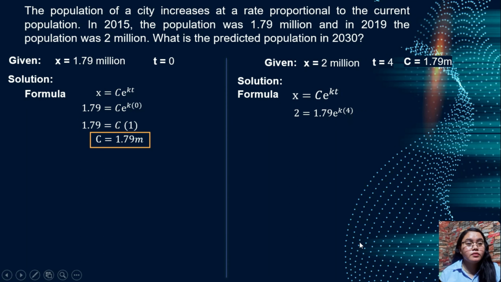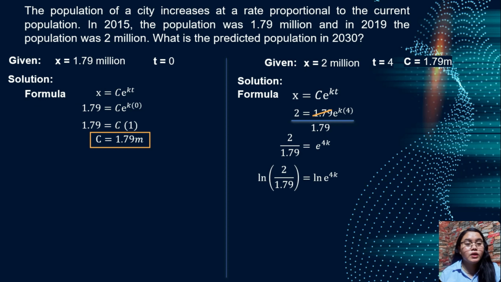So to eliminate 1.79 on the right side of our equation, we will divide both sides by 1.79. So 1.79 will be cancelled out, and we have 2 over 1.79 is equal to e raised to 4k. And by using the laws of logarithm, we can eliminate e on the right side of our equation. So we have ln of 2 over 1.79 is equal to ln of e raised to 4k.